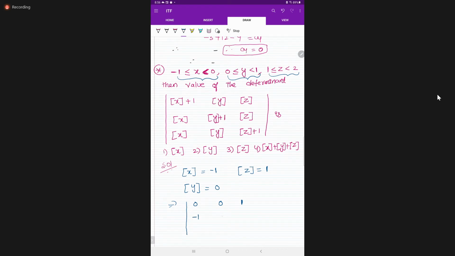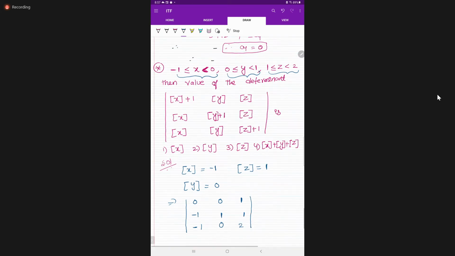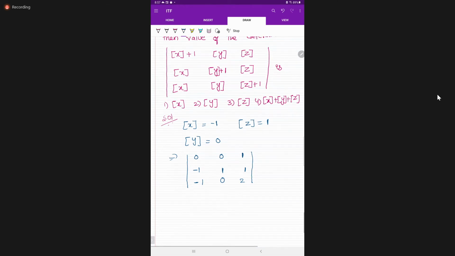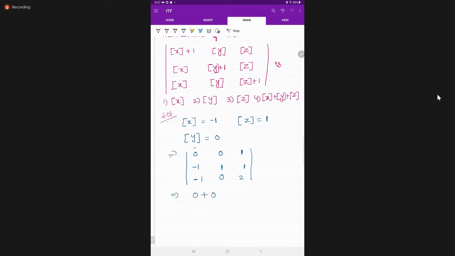Step y plus 1 is 0 plus 1 is 1. This is 1. Next, step x value is -1. This is 0. This is 2. Expand this one. If you expand this one, 0 plus 0 plus minus plus 1 into 0 plus 1. So which is equal to answer is 1.